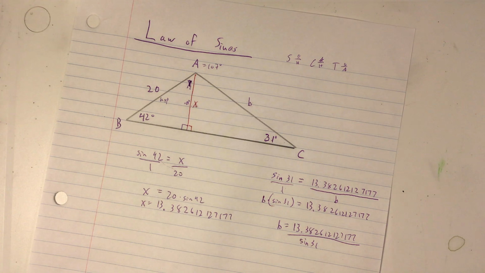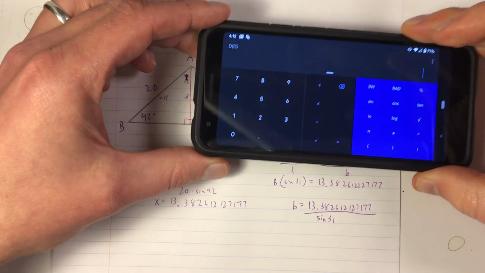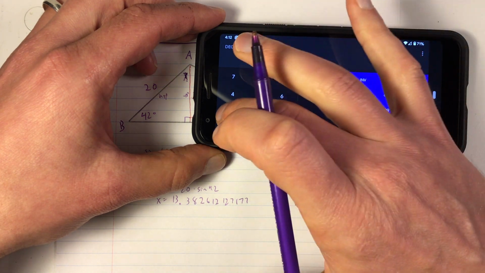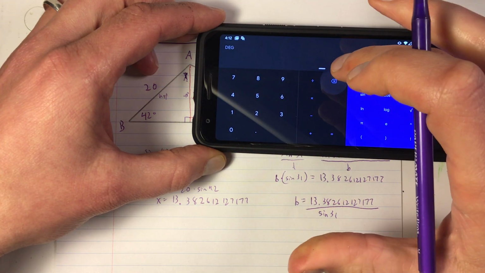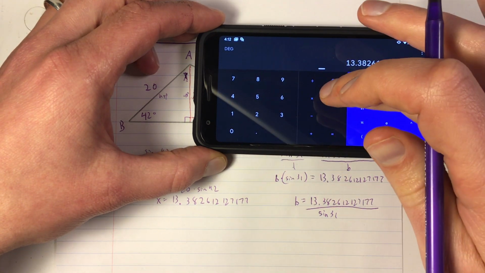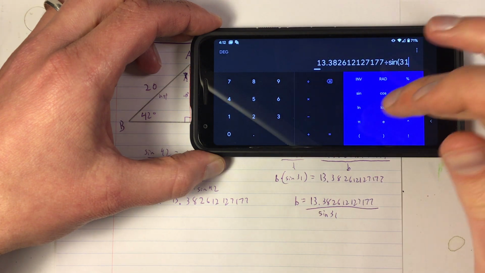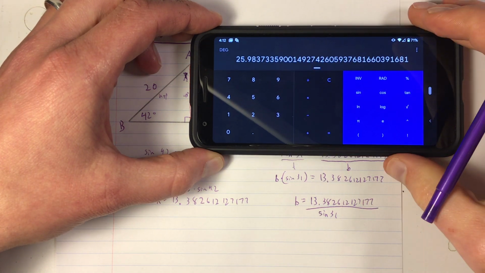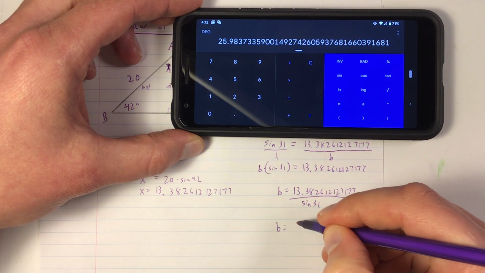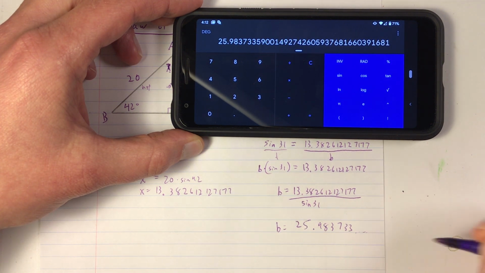Whatever that decimal is, I get my calculator out. I'm going to type the number in, 13.382612127177 divided by the sine of 31, and I get the missing side is 25.9837333, yada, yada, yada.